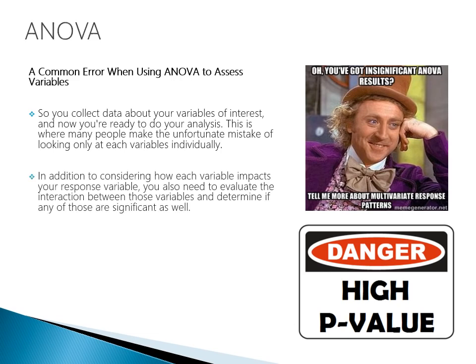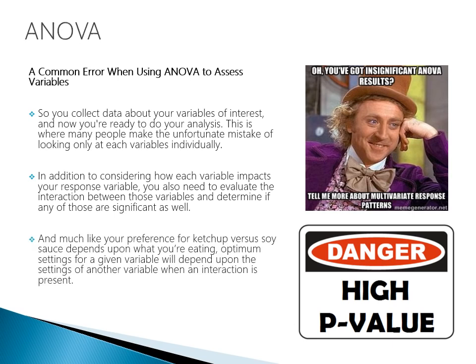In addition to considering how each variable impacts your response variable, you also need to evaluate the interaction between those variables and determine if any of those are significant as well. And much like our preference for ketchup versus soy sauce depends on what we're eating, optimum settings for a given variable will depend upon the settings of another variable when an interaction is present.